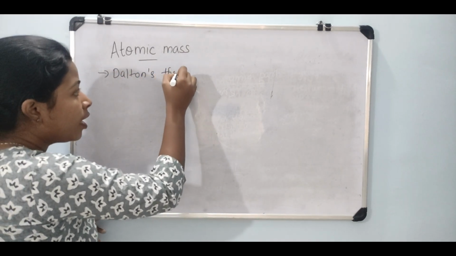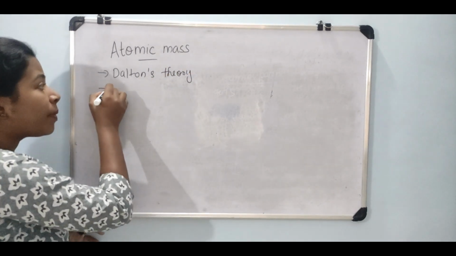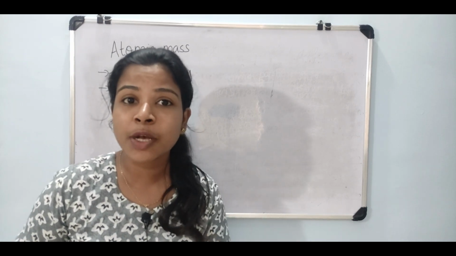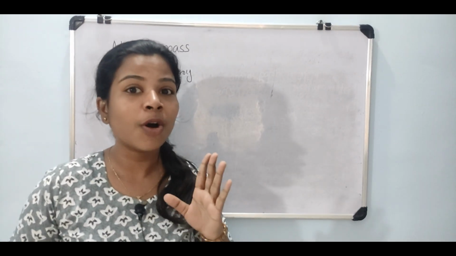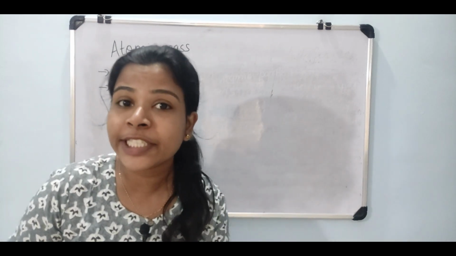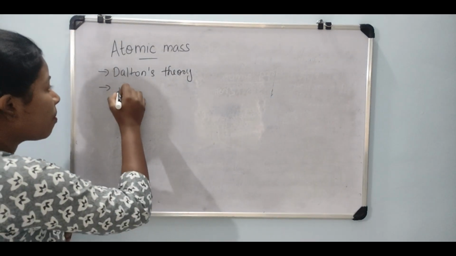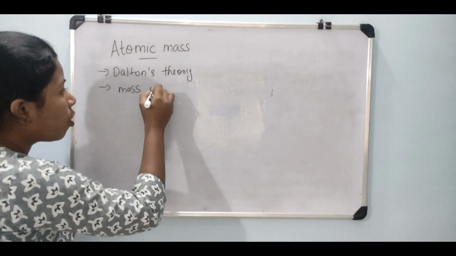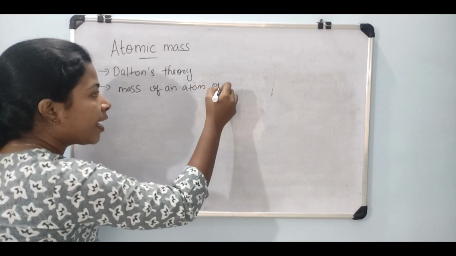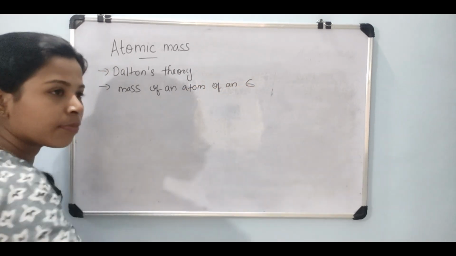Now, what is atomic mass? It is the mass of one atom of an element.